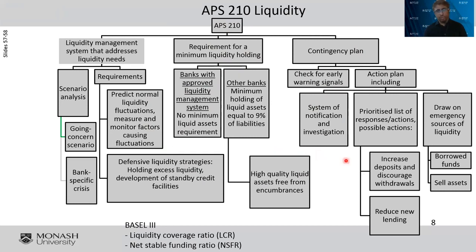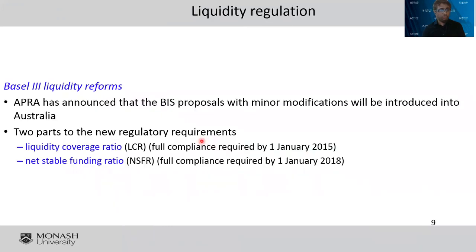They will not ask you for any liquidity requirements. But if you don't have a system and the central bank is not happy about it, they will ask you to keep around 9% of your total assets as liquidity. This is ABS 210. This is all I want you to know from here.